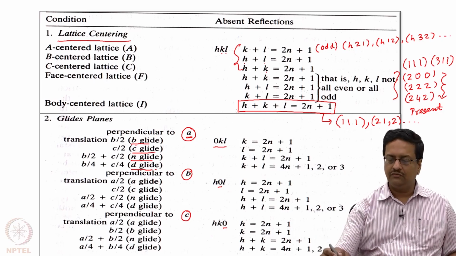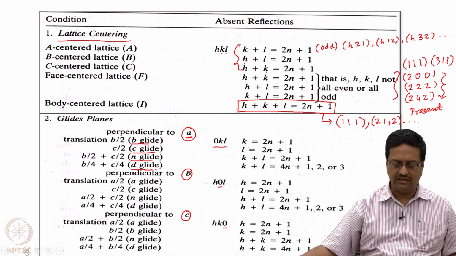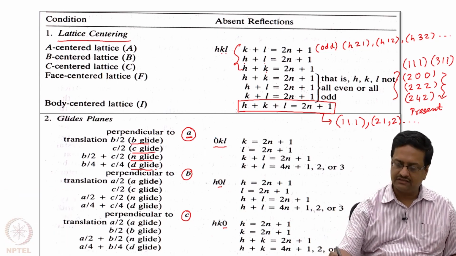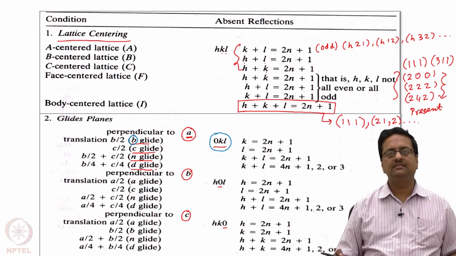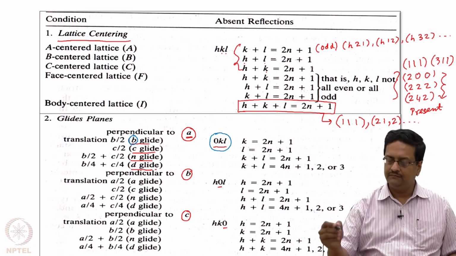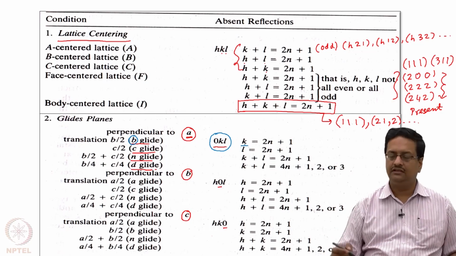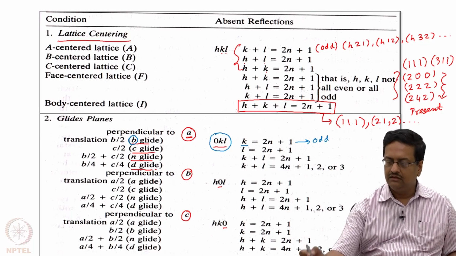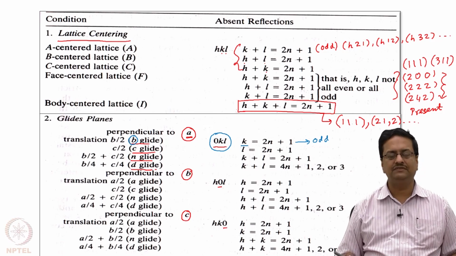Now when I say it is a B glide, that means the translation is along B. So when we look at the set of 0KL reflections, the index which corresponds to B, when it is odd, makes the set of reflections systematically absent.